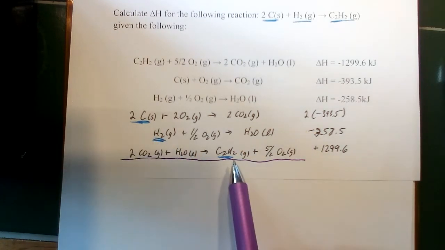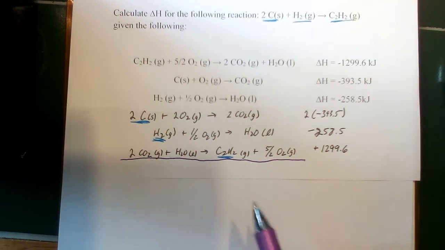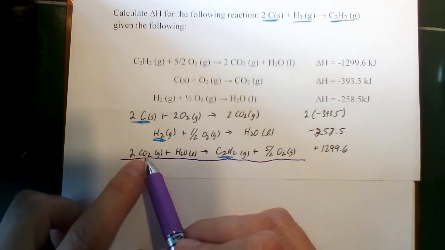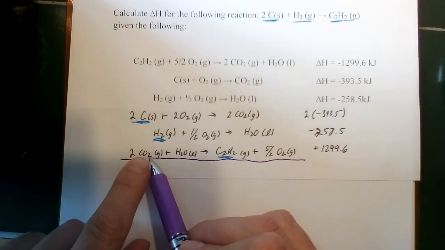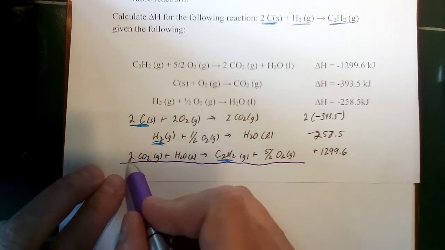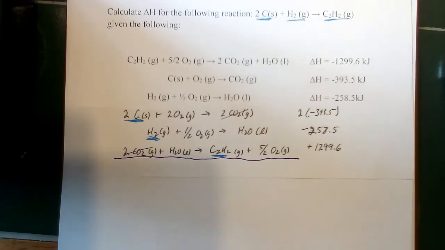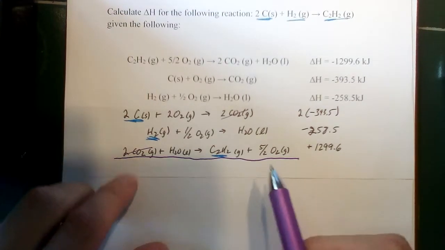So if we set this up correctly, we should at some point be able to cancel out all of the other pieces. So if you look here, there are 2 moles of CO2 on the reactant side here, and 2 moles of CO2 on the product side here. That means if I combine these 3 reactions, that is not part of it because it hasn't changed from reactant to product in the combined reaction.